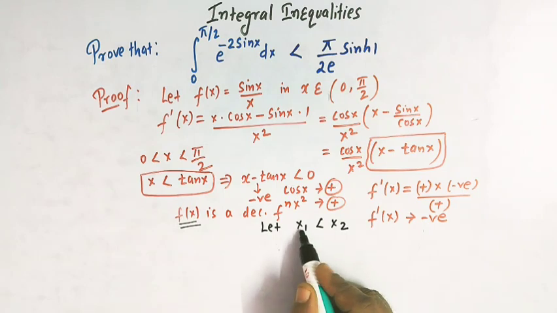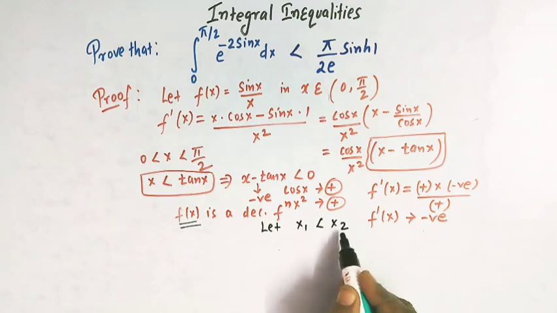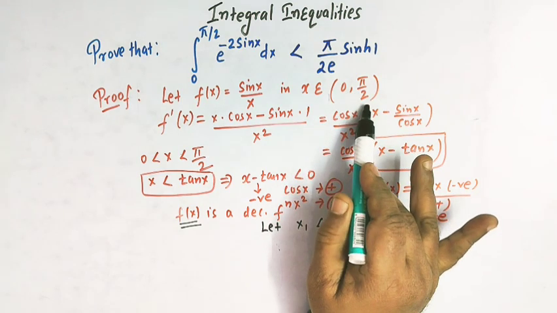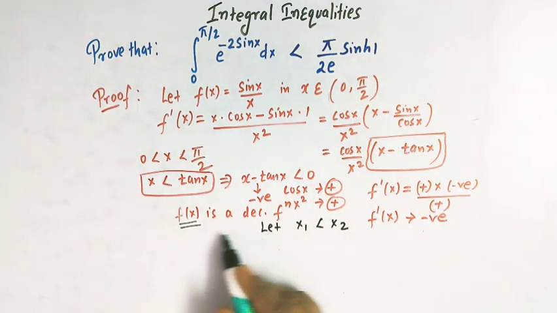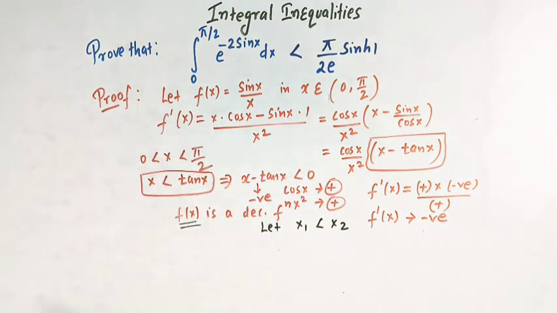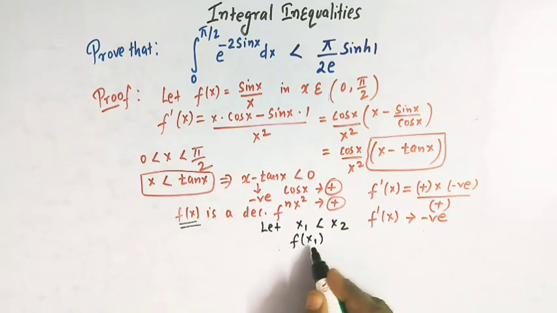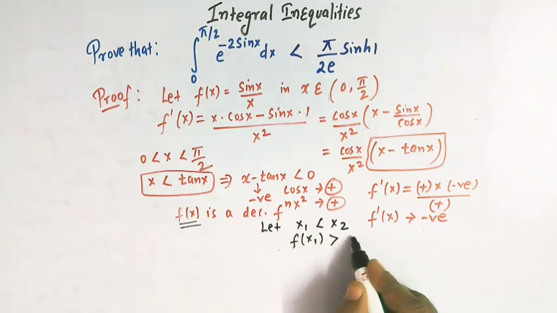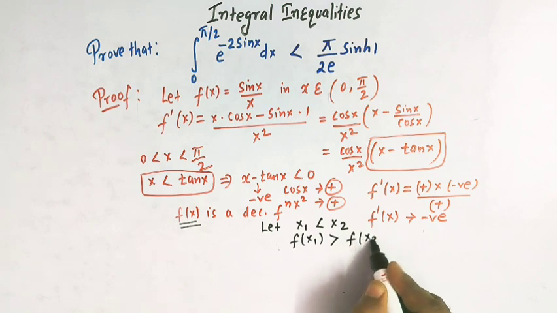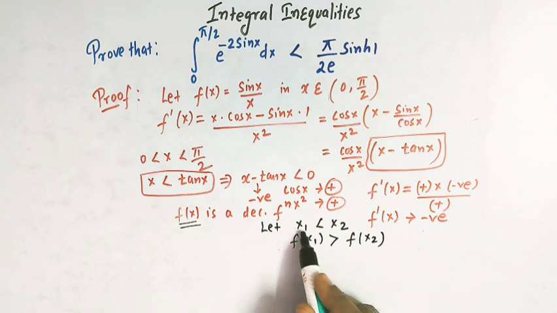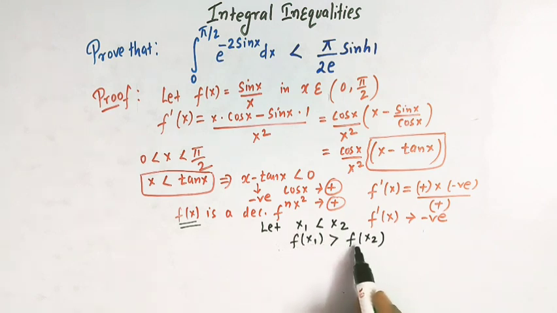If we take any two points x1 and x2 in the interval 0 to pi by 2, then since f of x is a decreasing function, the value of the function at x1 should be greater than f of x2. If x1 is less than x2, then f of x1 is greater than f of x2.